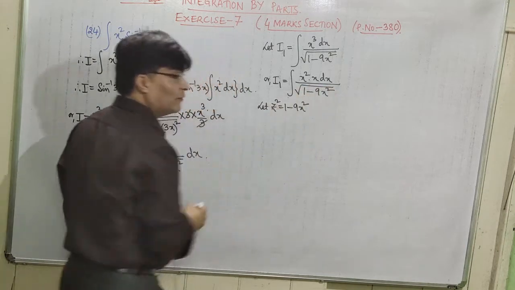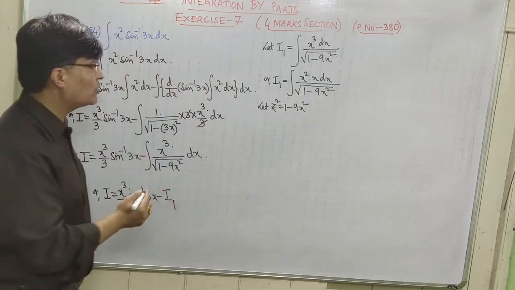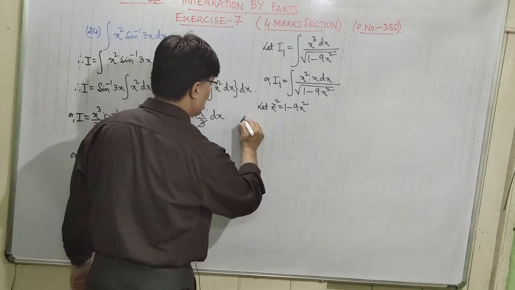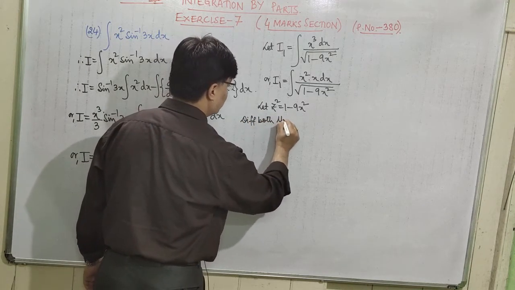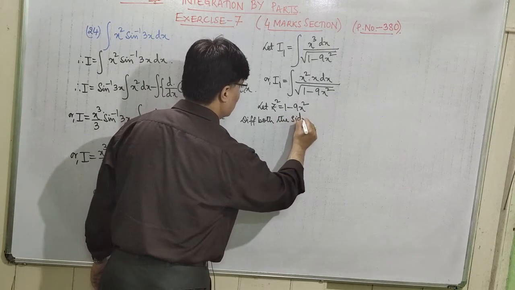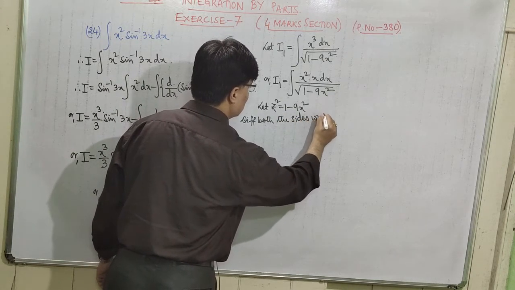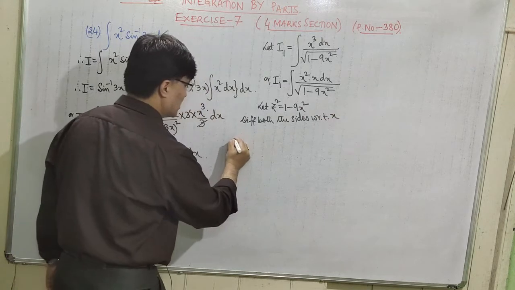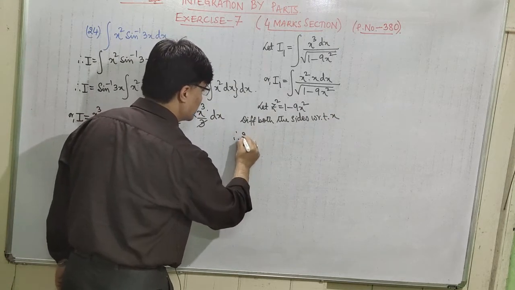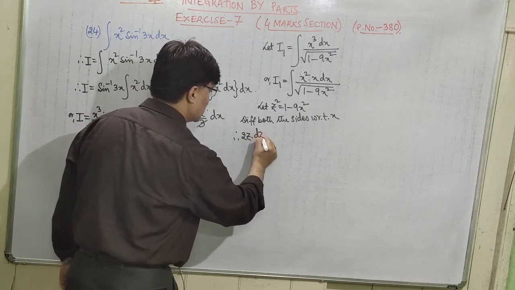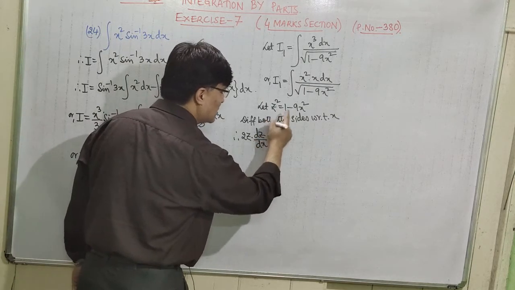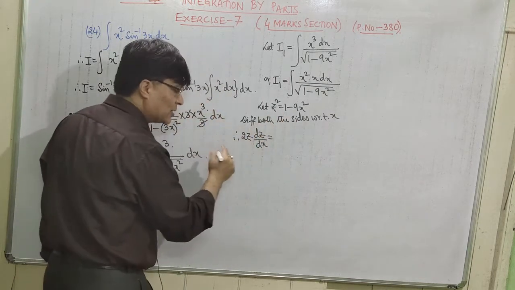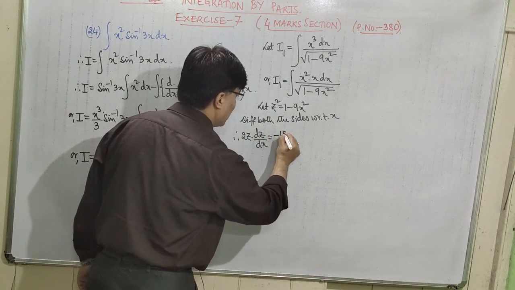Now since you have to get the value for x dx, let us differentiate both the sides with respect to x. So what is the differentiation of z square with respect to x? It is 2z dz by dx is equal to, this 1 is 0 and for minus 9x square, what is this differentiation?